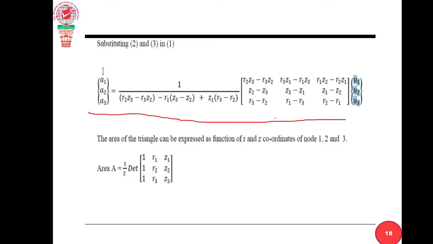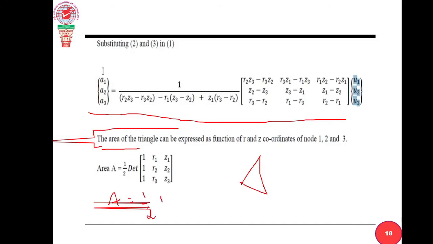Now, what is the next thing? We'll continue the derivation. See, one more property of this triangular element: the area of the triangle. If you want to find the area of this axisymmetric triangular element, the value of A, the area, will be equal to half of the determinant of matrix A, or the Jacobian matrix J. The area of this triangular element will be half of the determinant of the Jacobian matrix.